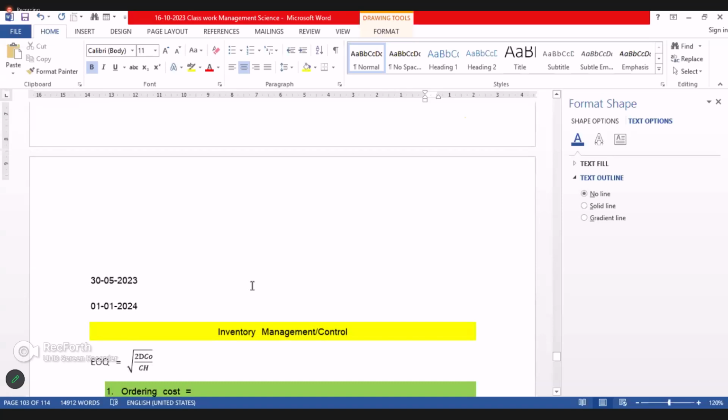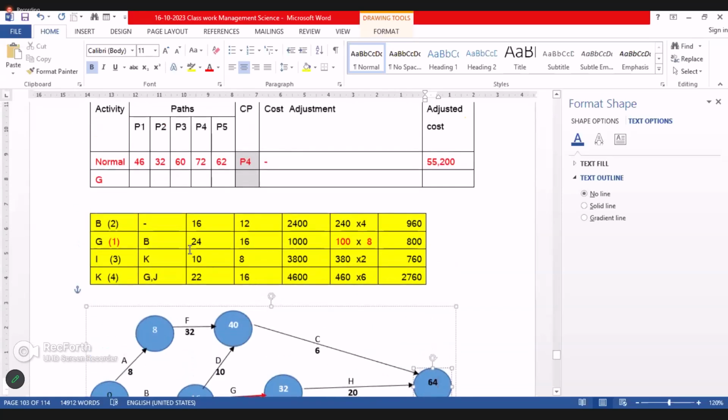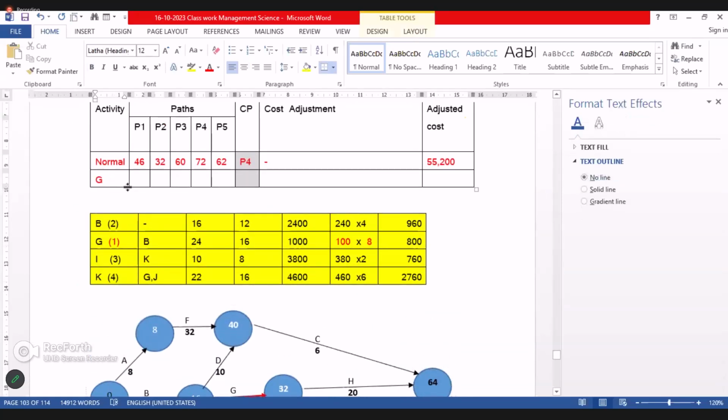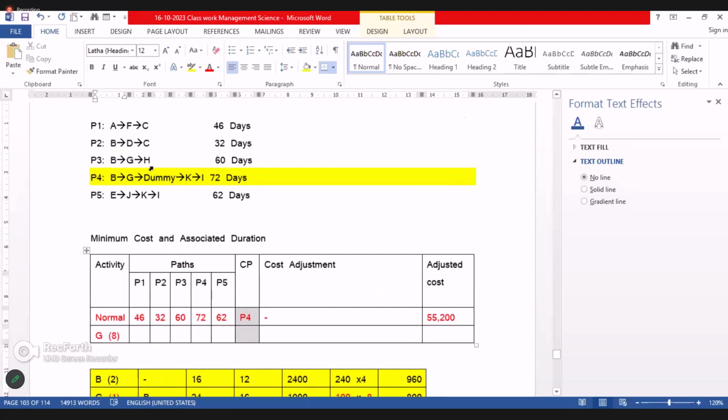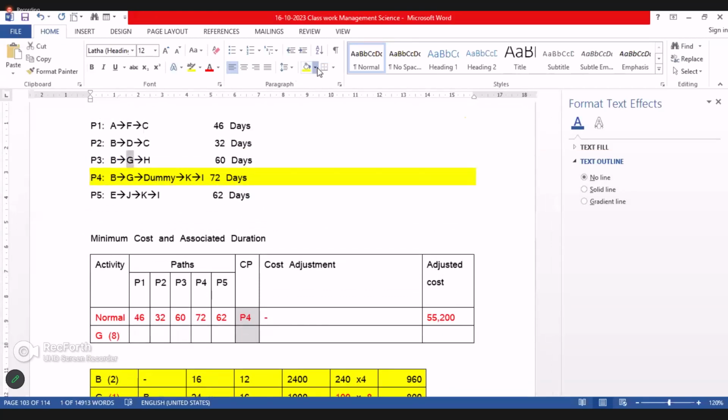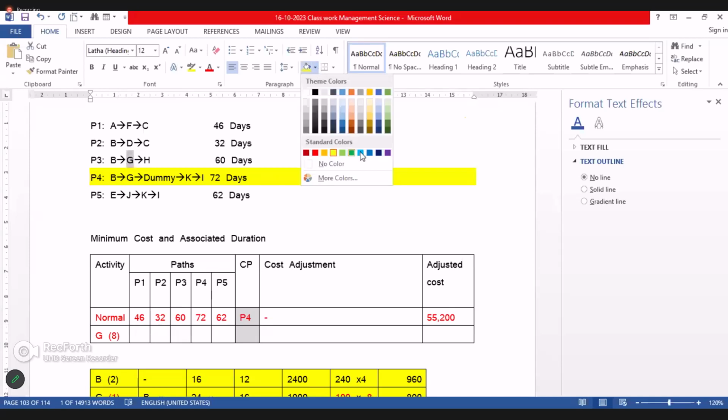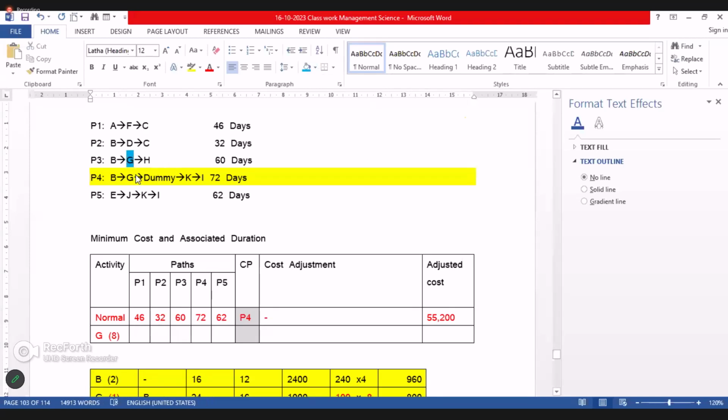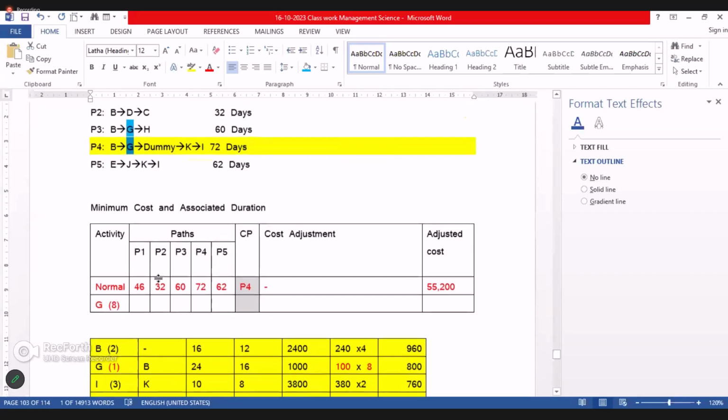If you reduce G by 8 days, what will happen? G is there in only two places, P3 and P4. So there is no change here in P1, 46.